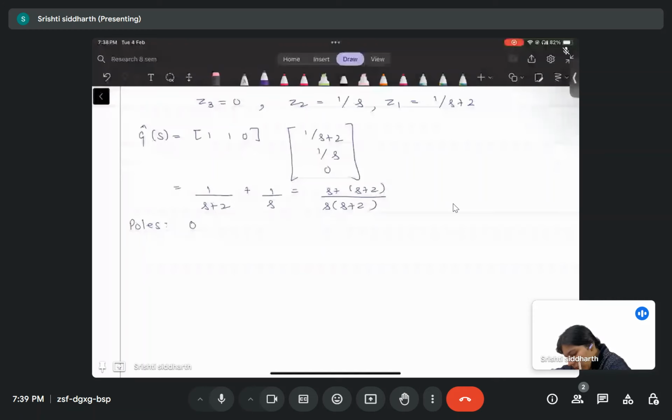So this is not strictly negative. Just go to part B, that the system is not asymptotically stable.